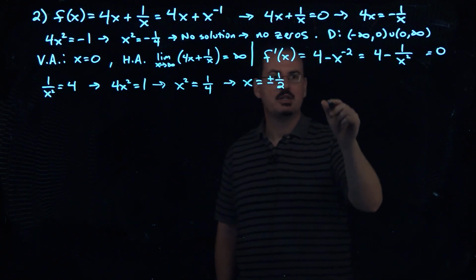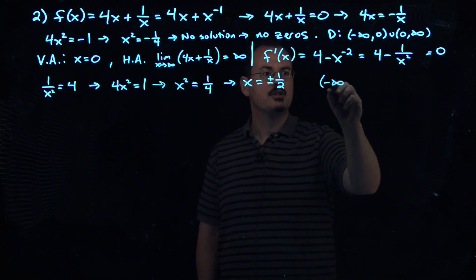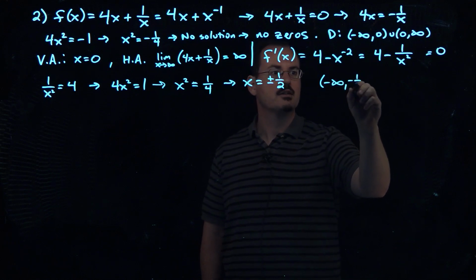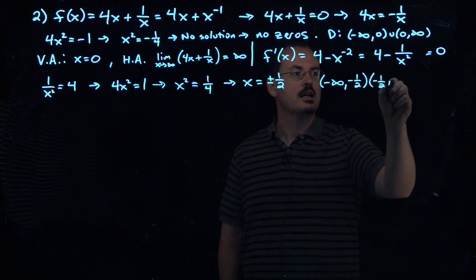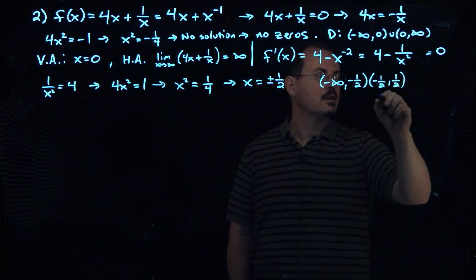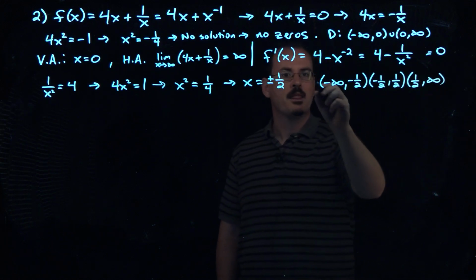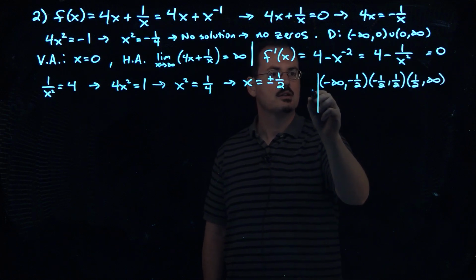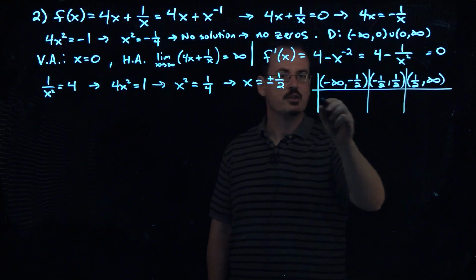Let's go ahead and set up our table so that we can figure out where it's increasing or decreasing. We'll go from minus infinity to minus 1/2. We'll go from minus 1/2 to 1/2 and 1/2 to infinity. I'll try to make this table small so we can fit everything in here.